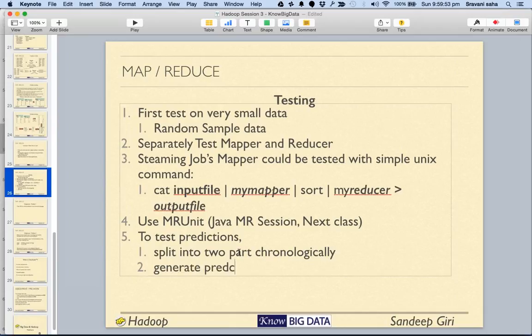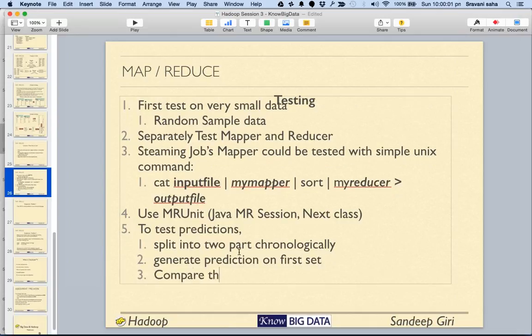Generate predictions on the first set, then compare the predictions against the second set. Makes sense to all of you? Although it's common sense, we all forget it.